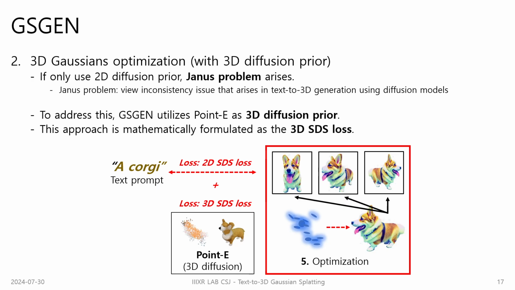So in summary, to guide the alignment between the given text and the 3D Gaussians, we use stable diffusion as the 2D diffusion prior and Point-E as the 3D diffusion prior. This approach is mathematically formulated as the sum of 2D SDS loss and 3D SDS loss, and the final loss function optimizes the 3D Gaussians. In the paper, this stage is referred to as the geometry optimization stage.